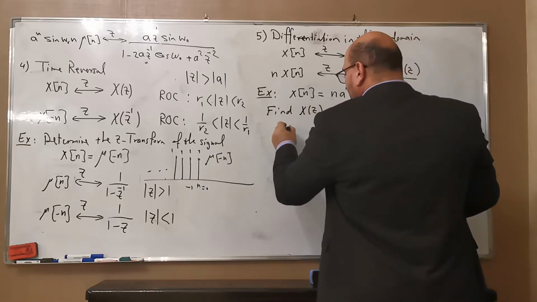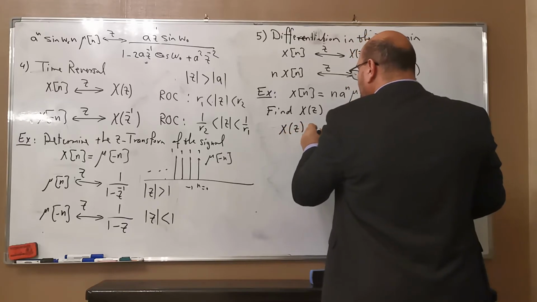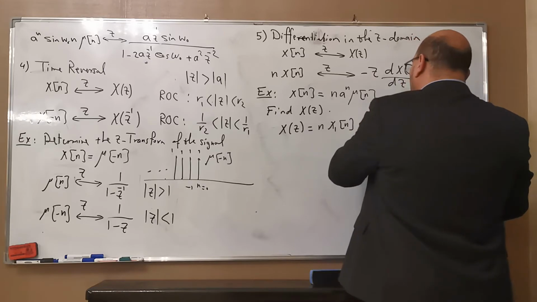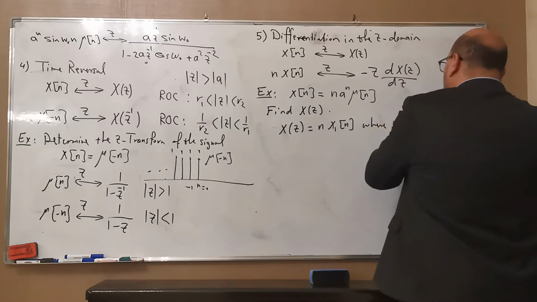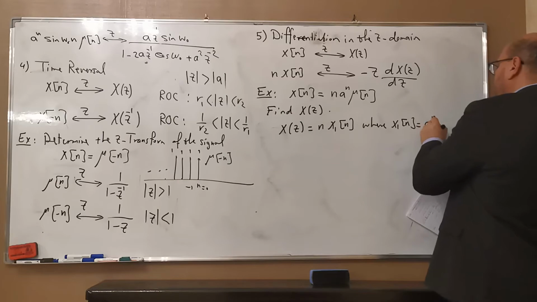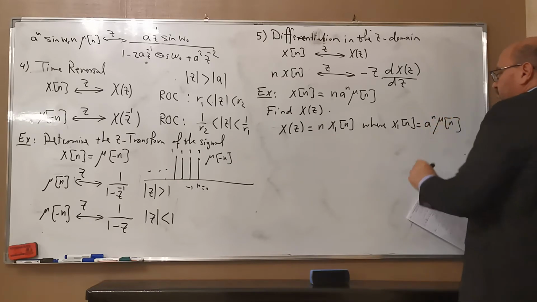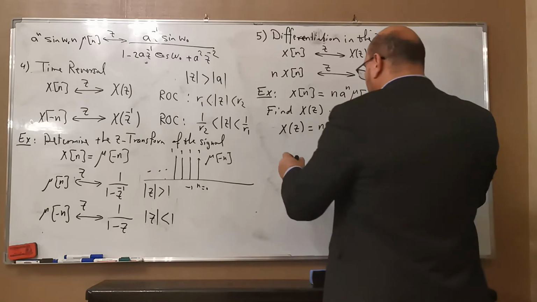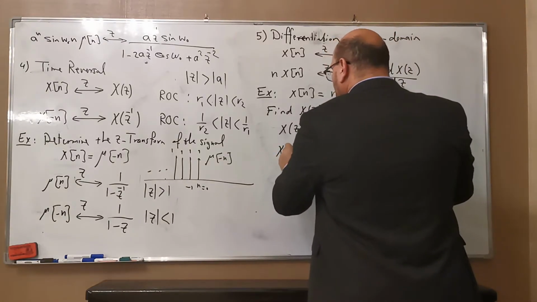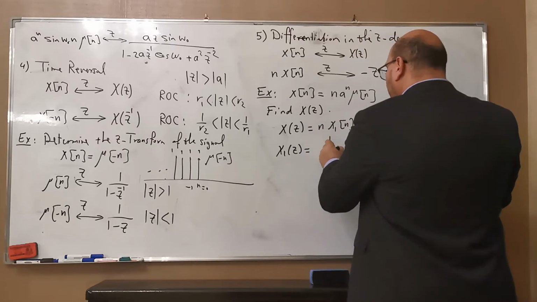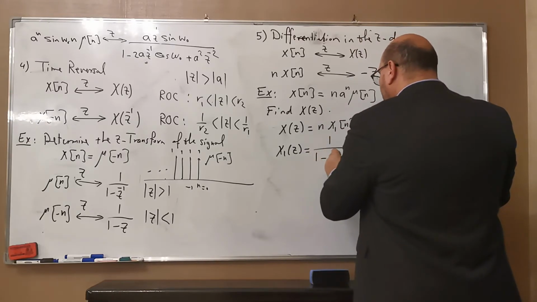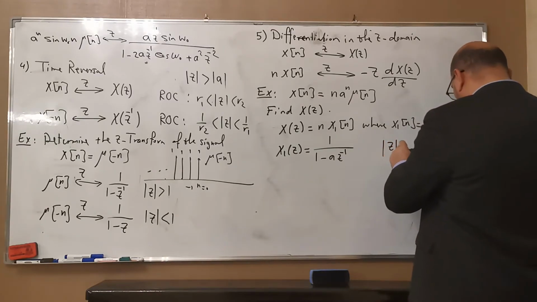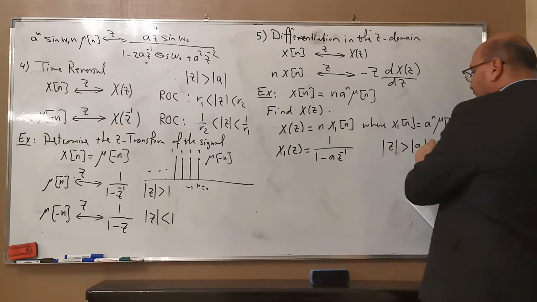Now I'm gonna let x of n equal n x1 of n, where x1 of n is equal to a to the n u of n. Okay? So if this is the case, we know that x1 of z is equal to 1 over 1 minus a z inverse, and the magnitude of z is greater than the magnitude of a.